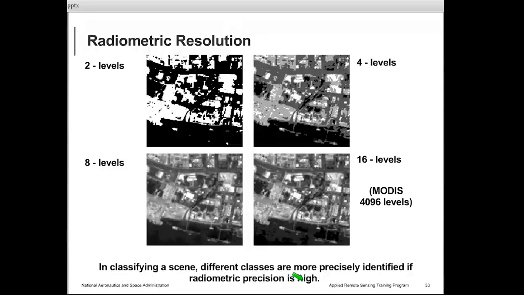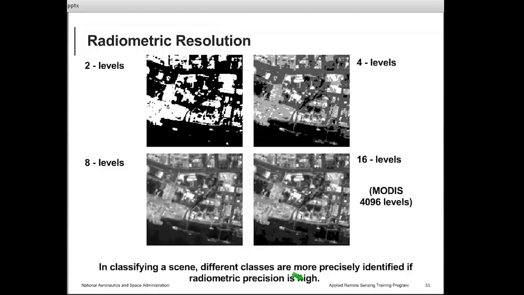Here is an example of how radiometric resolution can affect an image. The first picture is taken using two levels, so you can see only black and white, like I said earlier. The second picture is taken using a four-level sensor, so you can see some shades of black and white and start looking into different features.